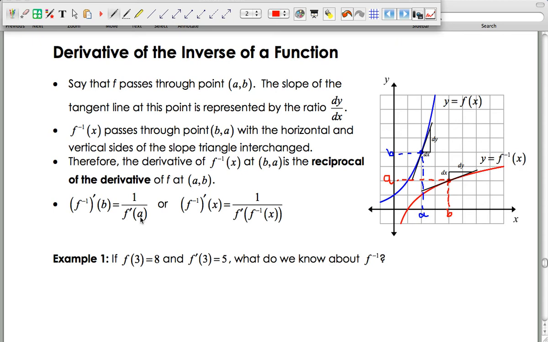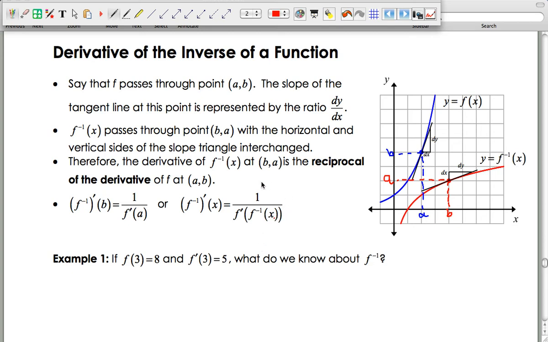In general, for any point x comma f of x, we could say that the derivative of the inverse function at x would be the reciprocal of the derivative of the main function, not the inverse, the main function, assessed at the inverse function at x.